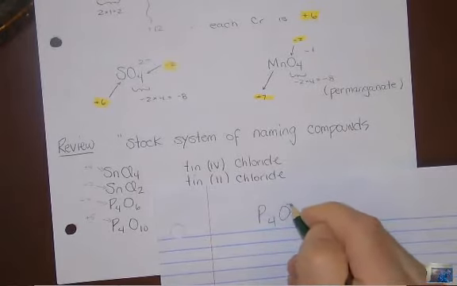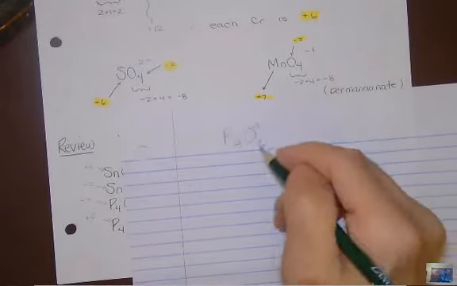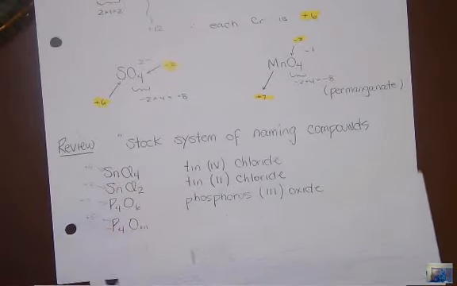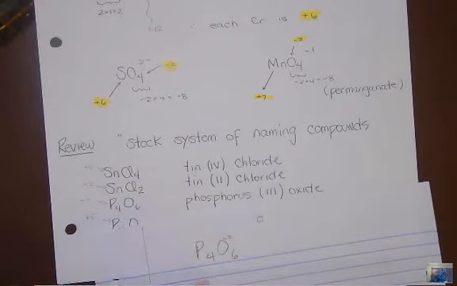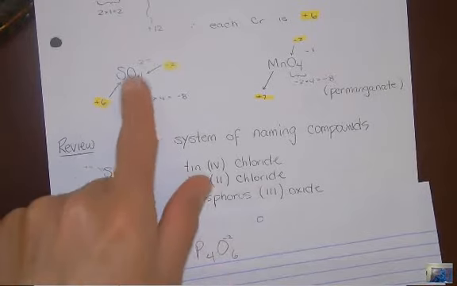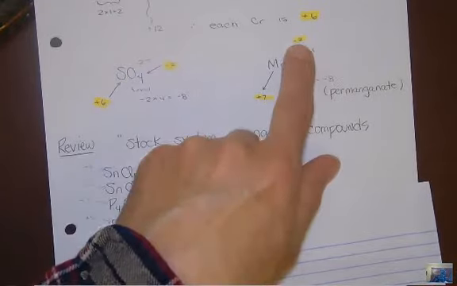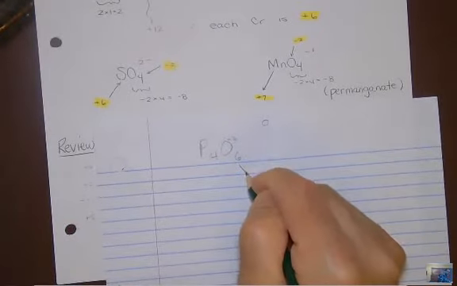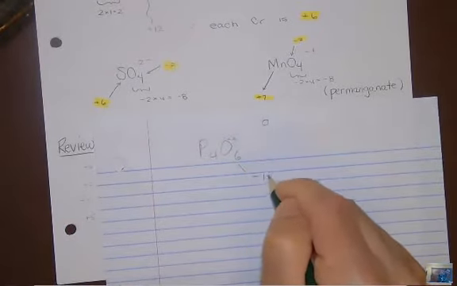P4O6. So each oxygen is -2, right? The whole thing is a big fat 0 because there's nothing written on it, right? If nothing's written out here, you're adding up to 0. Where here, they were adding up to -2 and -1. So if they're adding up to 0, 6 times a -2 is -12.